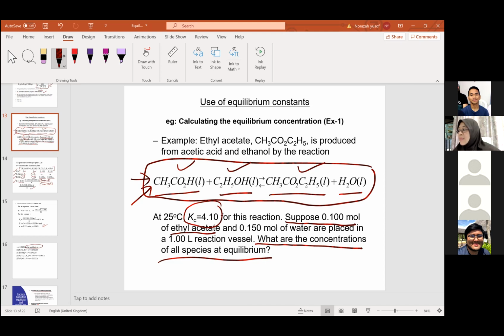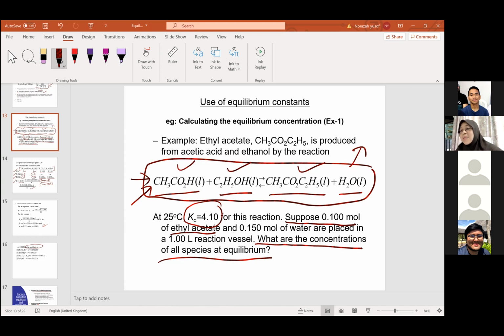Now I'm taking out H2O. So is H2O a product or a reactant in this case? I take it out, it's not that I add. It's the product, right? I take out the H2O. Now what happens to the equilibrium?